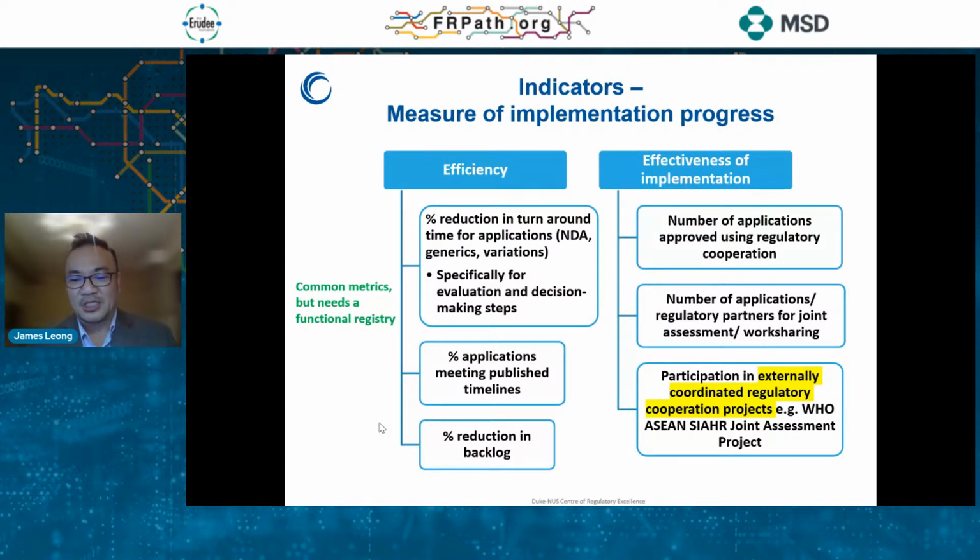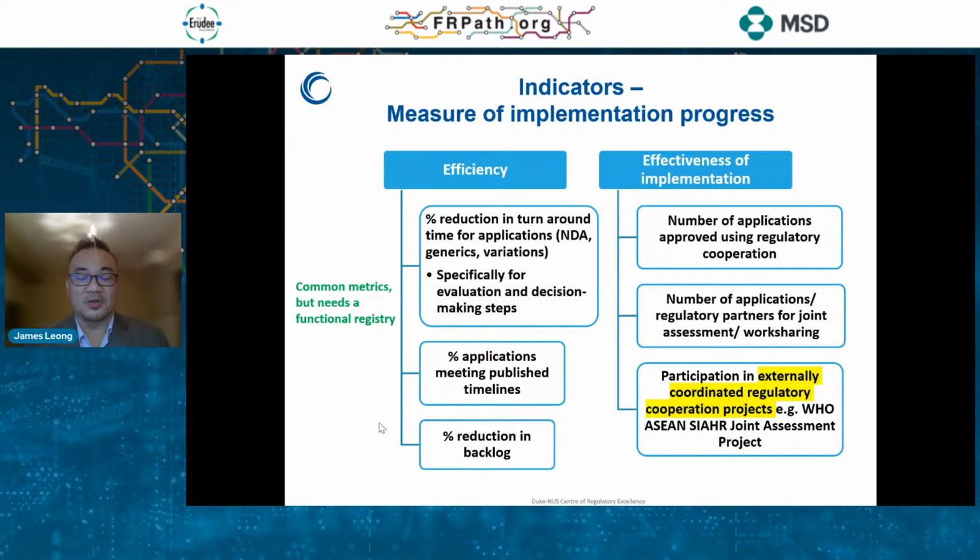So going back to the proposed benefit of regulatory cooperation for the regulatory agency, it will be more on the efficiency and also the effectiveness. First of all, I want to touch on the efficiency. Melissa shared quite a number of the metrics. I would say these are common metrics, but the underlying assumption is that you must have a functional registry.